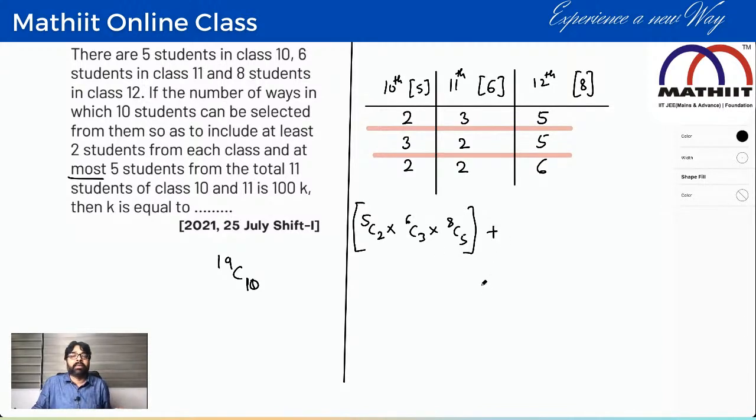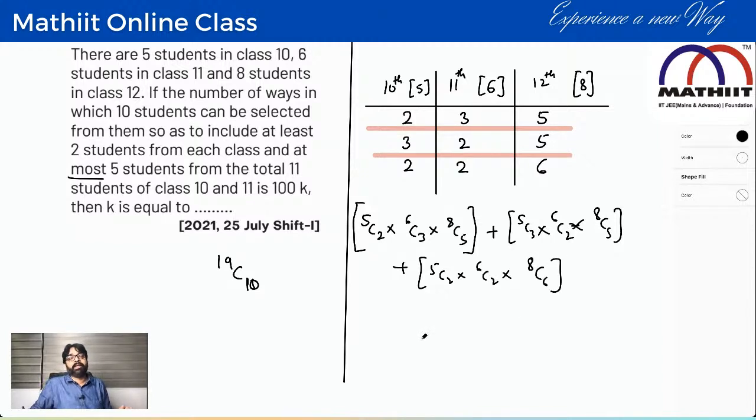Or 5C3 into 6C2 into 8C5, plus 5C2 into 6C2 into 8C6. This is what will be the answer.